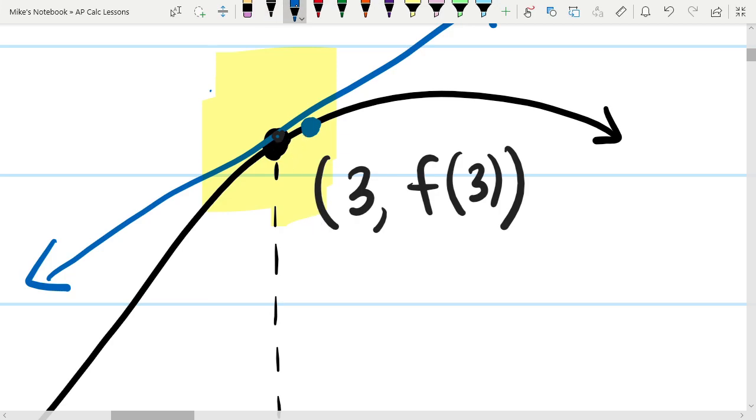And so the idea is we can use the tangent line, which is just a basic linear function, to approximate the function value at the same value of x. So that's the idea behind what we're doing. So again, we're using the equation of the tangent line to find an approximation for the value of the function at a value of x close to this point of tangency.